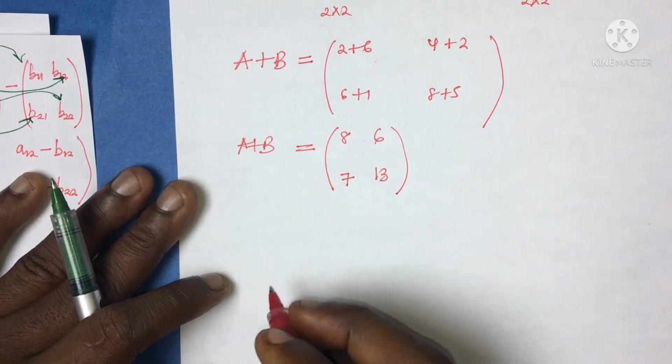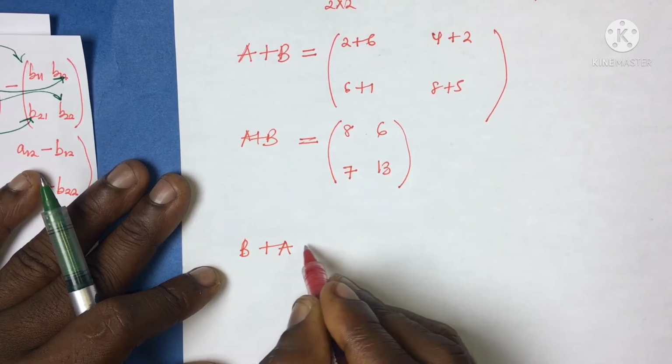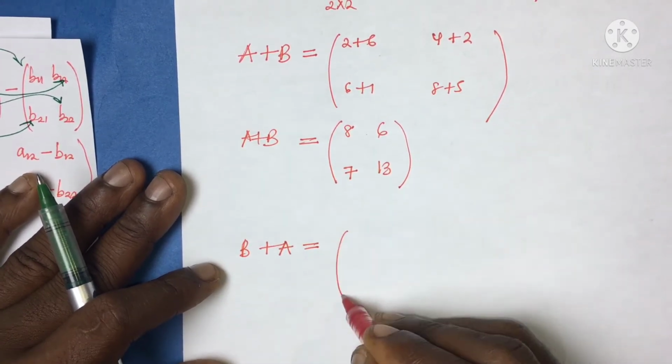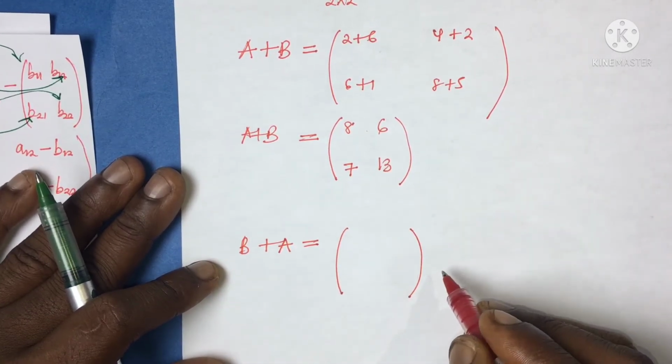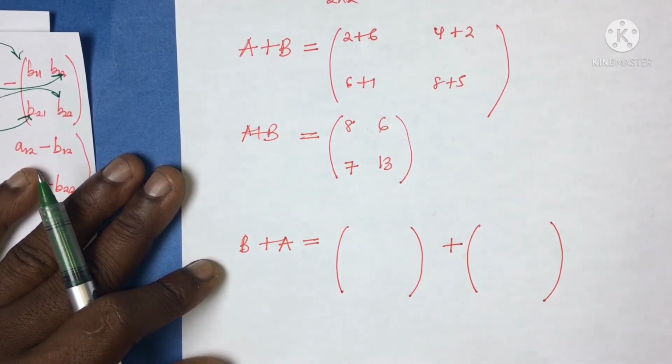Now, what if we were asked to find B plus A? Now, note that B plus A would require us to bring the matrix B first and then the matrix A second.